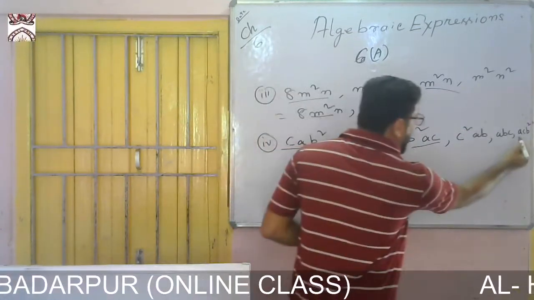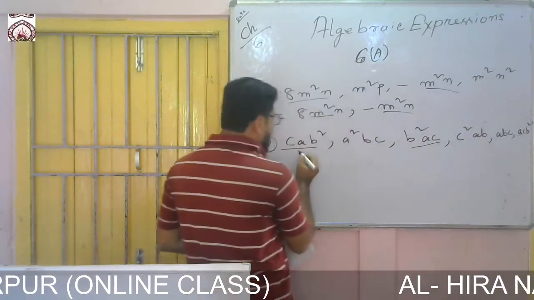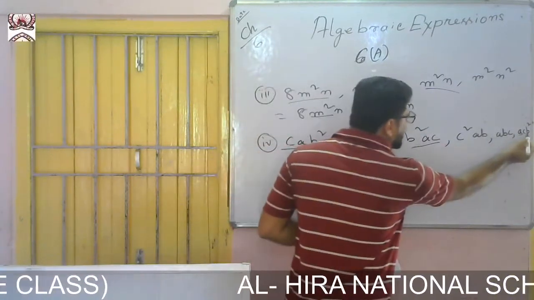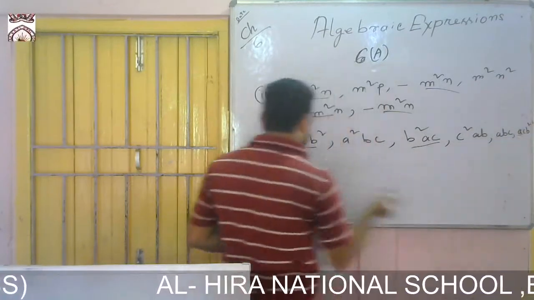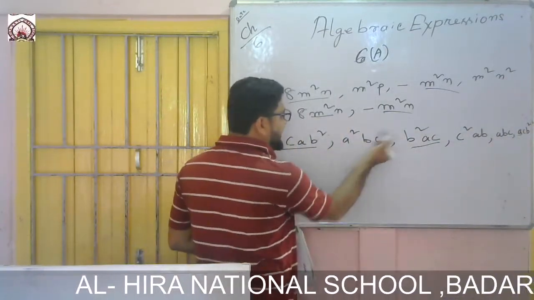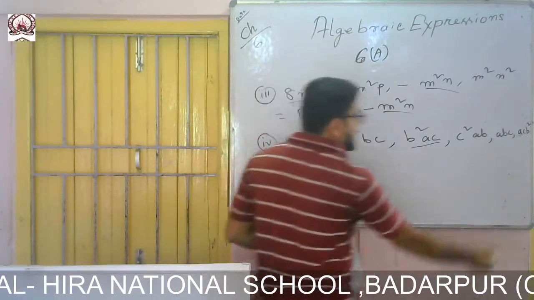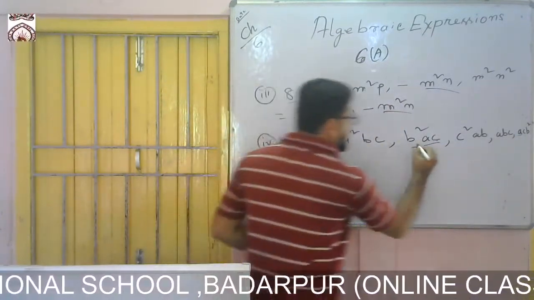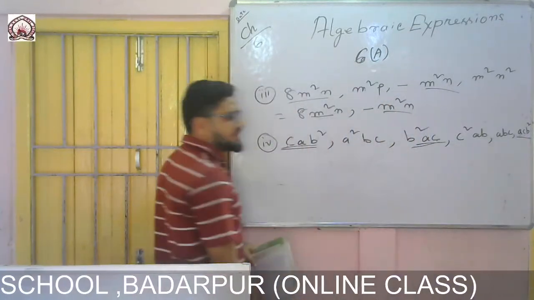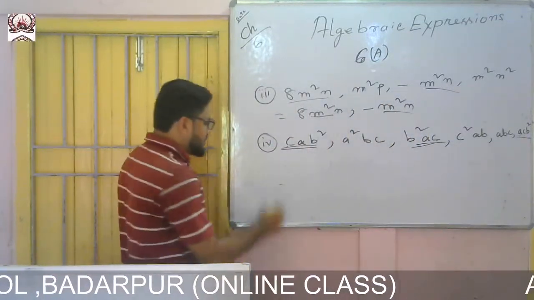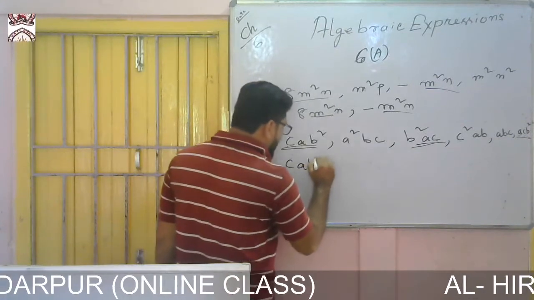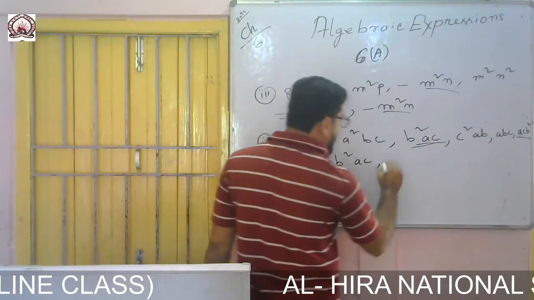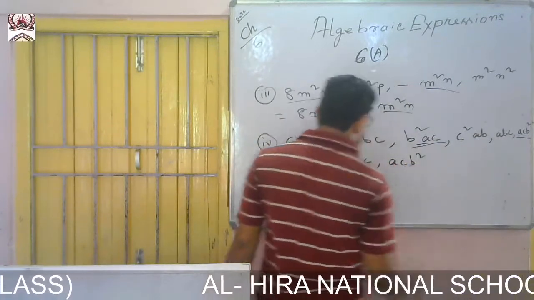No. And ACB square, A is there, here also A is there, then B square is there, here also B square is there. Then 1C, here also 1C. So these three are like terms.